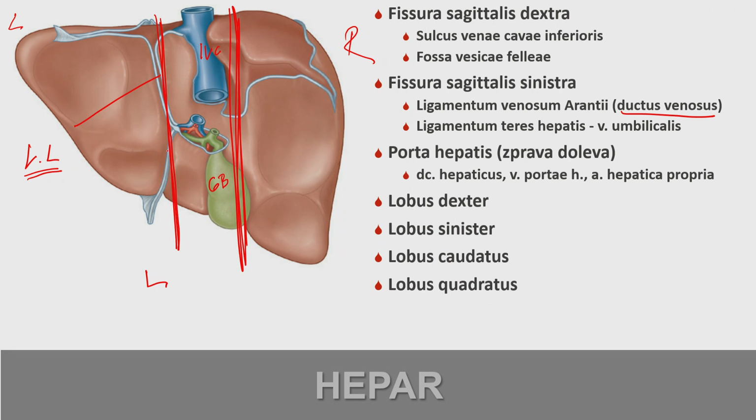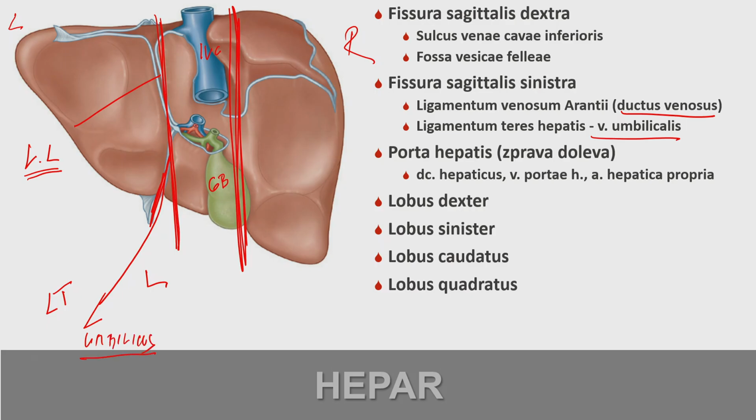The second ligament here is called ligamentum teres, and the ligamentum teres is a rest of the own umbilical vein. This is a rounded ligament, and it is then connected to the umbilicus or umbilical scar.